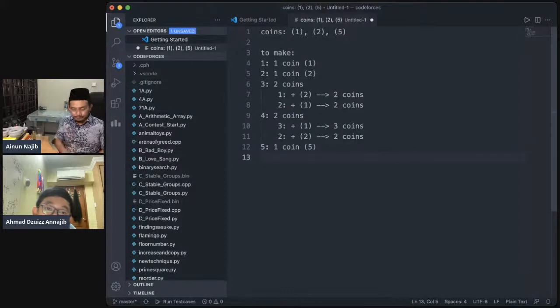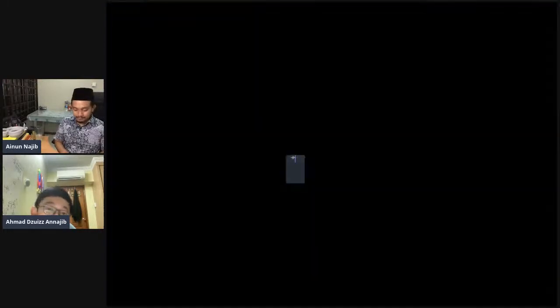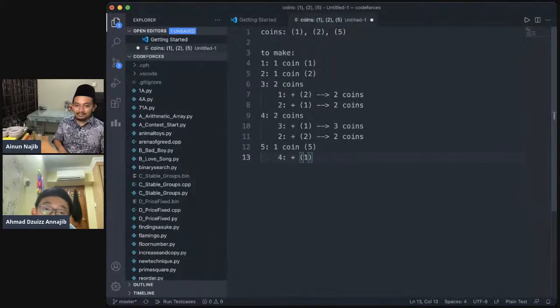Now five. What are the options you have for five? You can use coin 1, that means you plus 4. Or you can use coin 2, that means 3 plus 2. Or you can use coin 5 itself alone. Let's use coin 5.